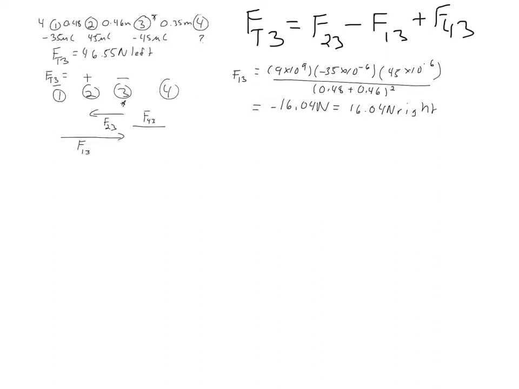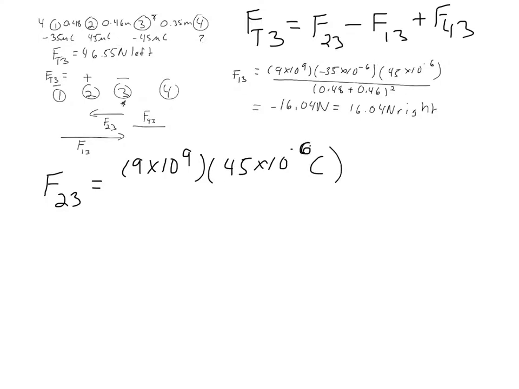And now we're going to do force of 2 on 3, and that one's going to equal kQ1Q2 over the distance squared again: 9 times 10 to the 9th times 45 times 10 to the negative 6 coulombs for charge 2 times negative 45 times 10 to the negative 6th.